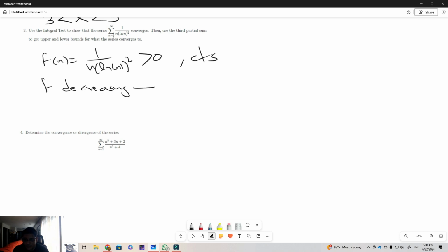And you can prove this really quickly by taking the derivative. F prime of this is essentially a product rule of different things.